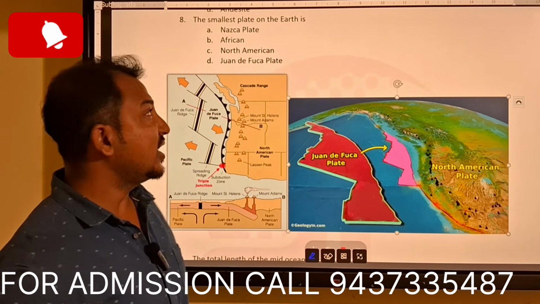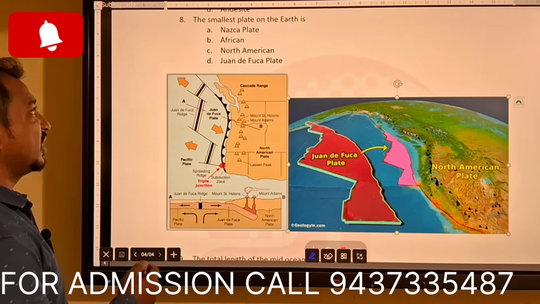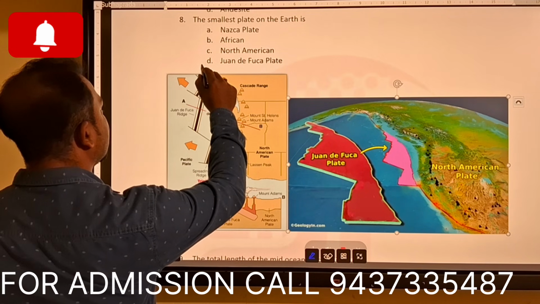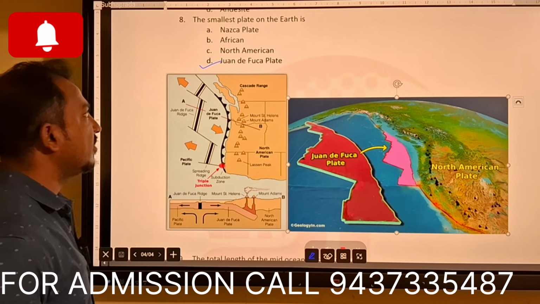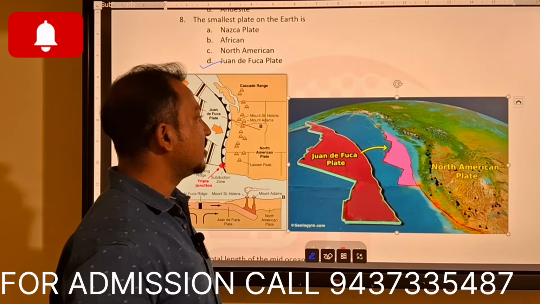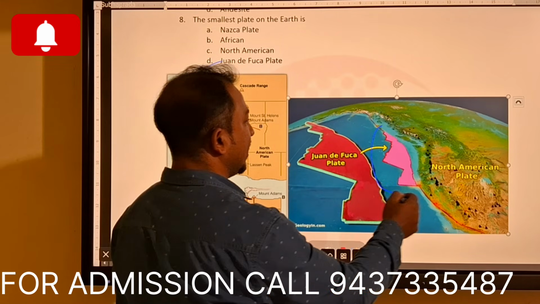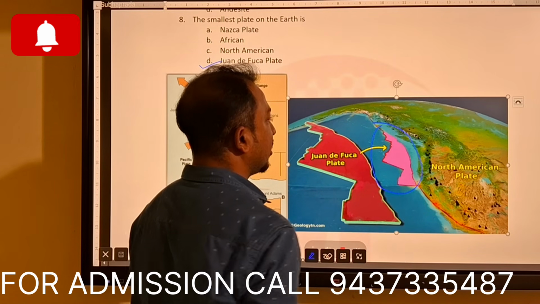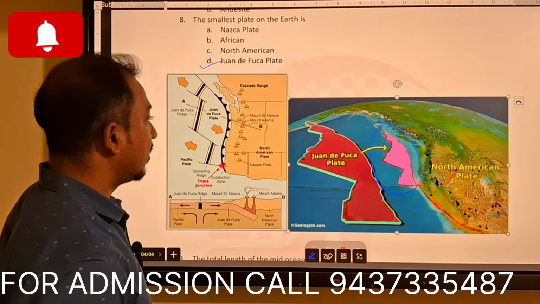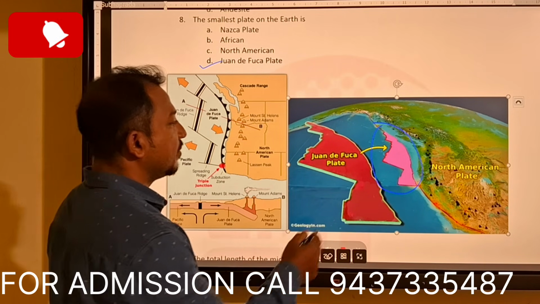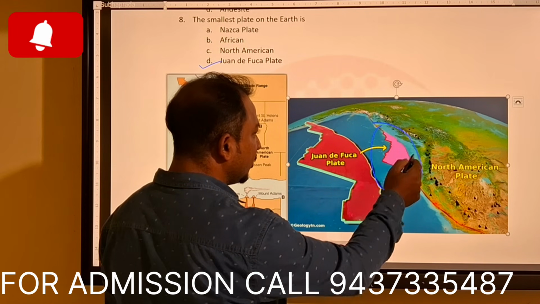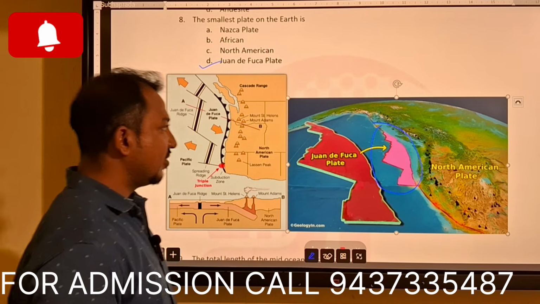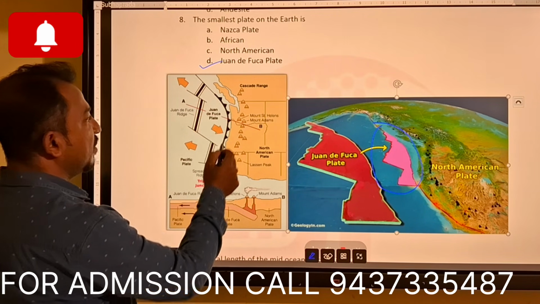Next comes the smallest plate on the earth. That is a data question, so you have to remember it: the Juan de Fuca plate is the smallest plate, present here near the North America plate. It converges with the North America plate.